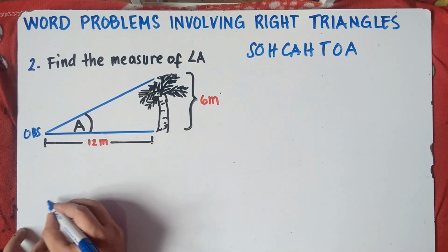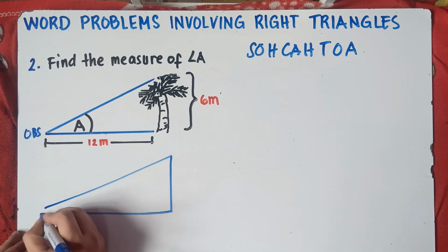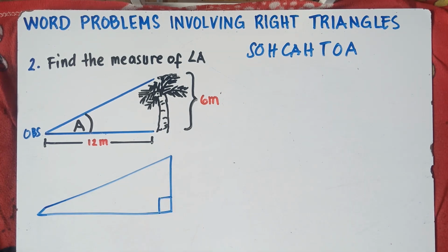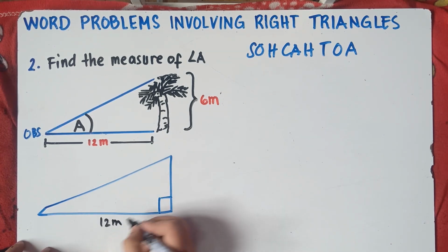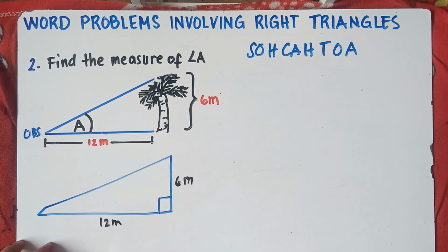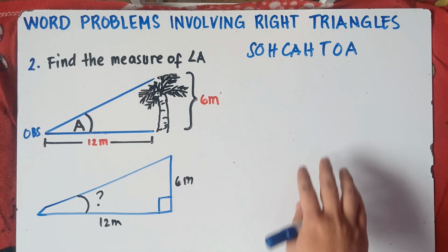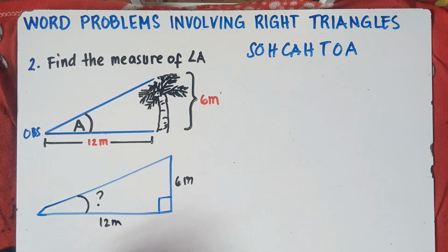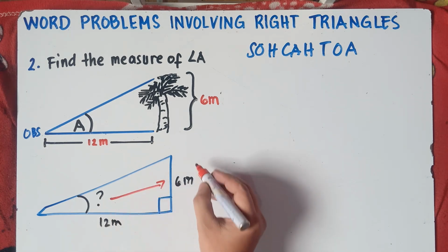So let me just draw the triangle again. Once again, this is a right triangle, and this will be 12 meters, and this is 6 meters. And we're told to find this angle right here. Once again, you always check which sides are involved before using SOHCAHTOA. So, opposite of this angle is what we call the opposite.